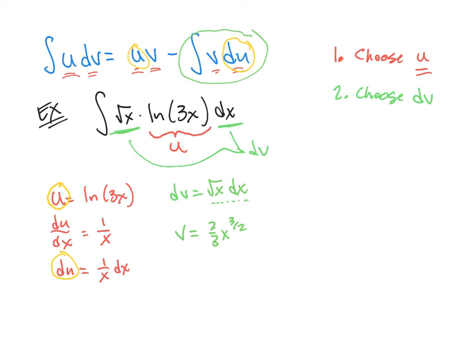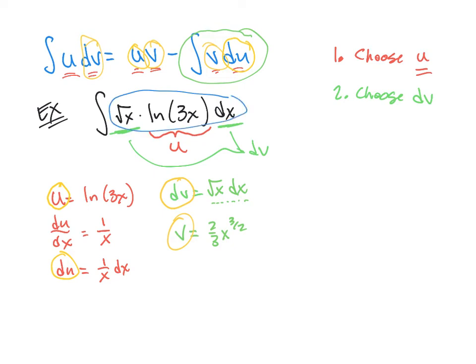So now we have the pieces that we need to finish off an integration by parts. We've got the u and the du, which I already circled in yellow, and now we have the v that we need here. We actually only need 3 pieces. The dv is the thing that we use to get the v. All right, so we have this indefinite integral, written in black, the integral of square root of x natural log of 3x dx.